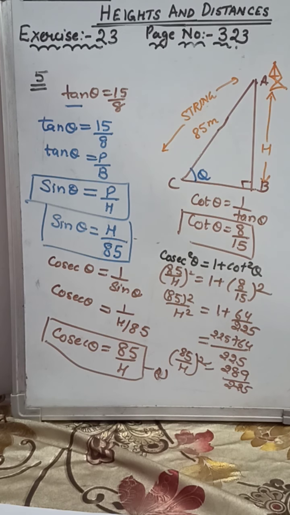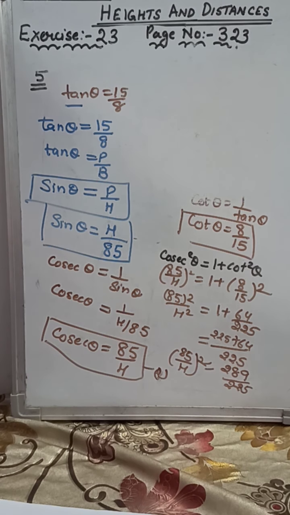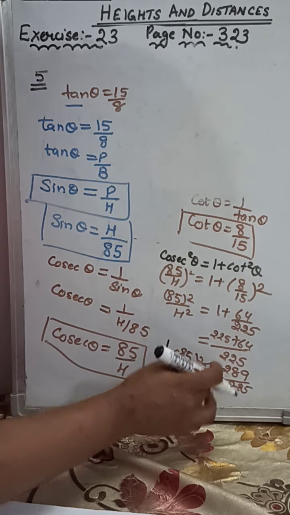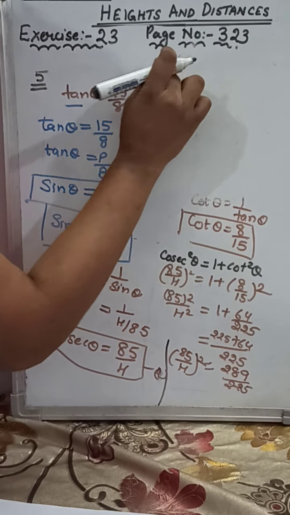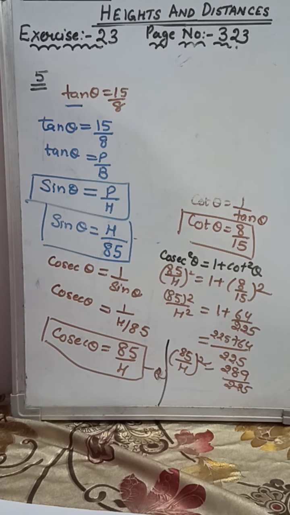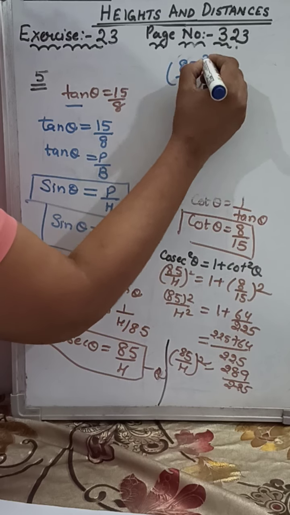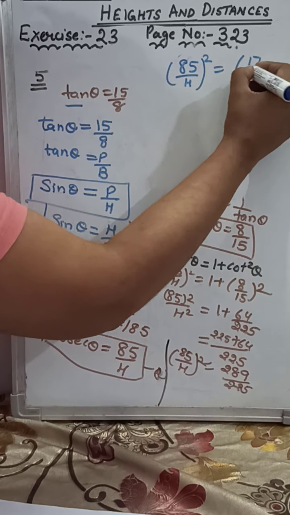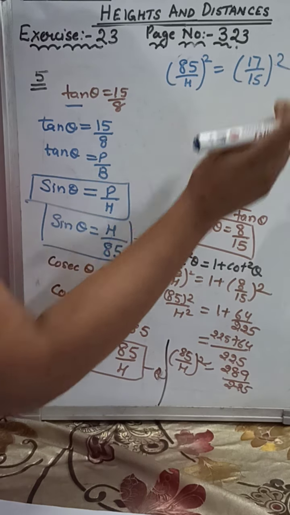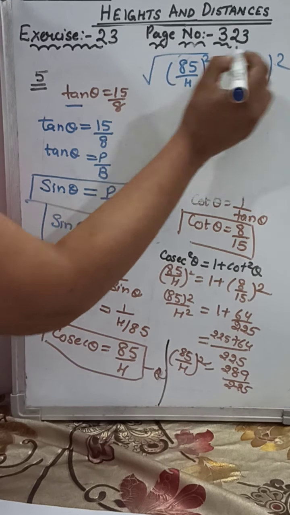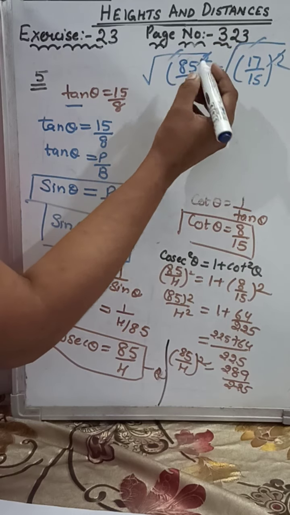So what will you do now? You will take under root on both the sides. Got it? So 85 upon h whole square equals 17 upon 15 whole square. This is a square of 17. So when you take under root on both the sides, the square will be cancelled.